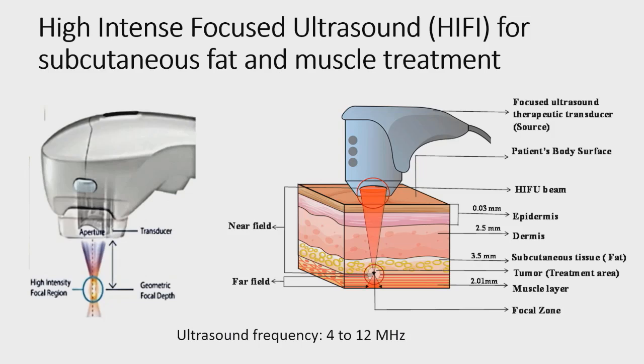In medicine, we're using high frequency ultrasound from 4 to 12 megahertz, right? And this beam is very easy to focus by using curvature on the transducer, as you see here. And in this case, you can focus this beam in almost any part of your body.